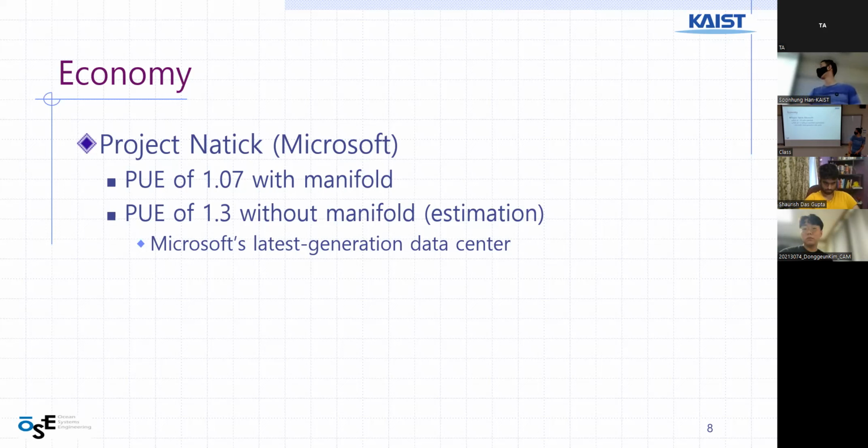You can compare it with Microsoft's latest generation data centers, which have a PUE of 1.125, and the PUE without the manifold is estimated to be 1.3. Seeing this, even without the manifold, the PUE is quite low.